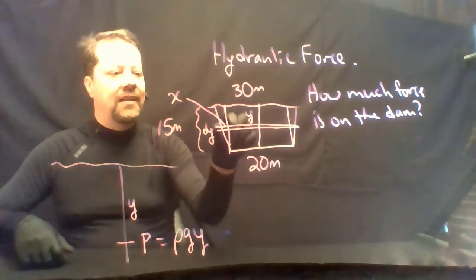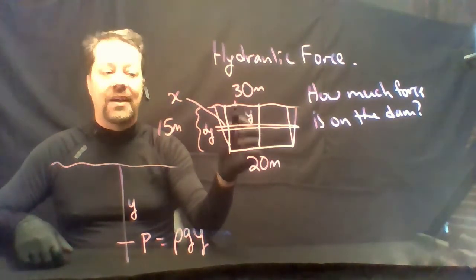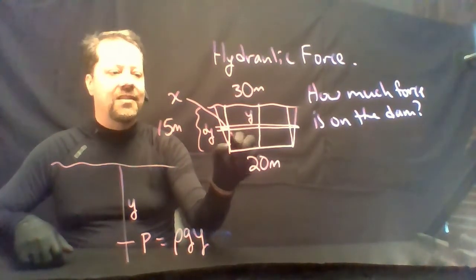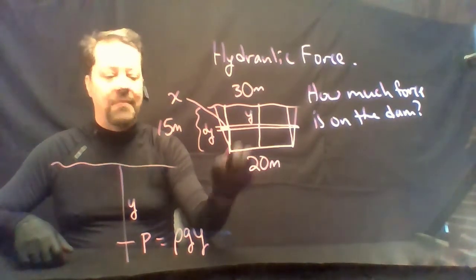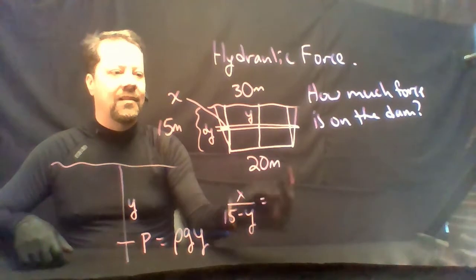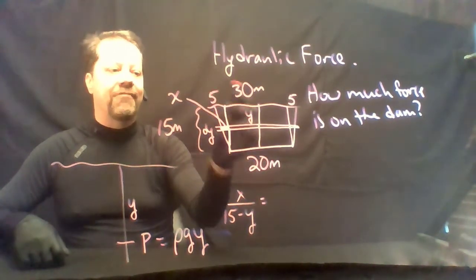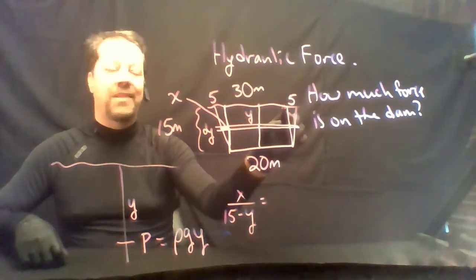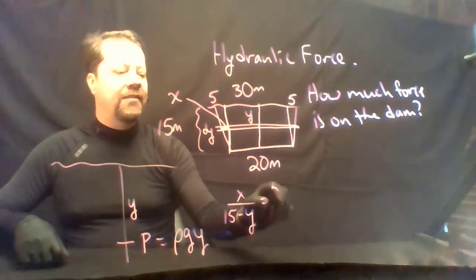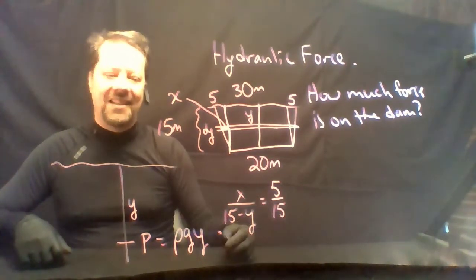Well, what we'll do is we'll use similar triangles. x divided by 15 minus y will be equal to, we'll split the difference, 5 meters and 5 meters on each side here with 20 meters between, 5 divided by the entire depth of 15.